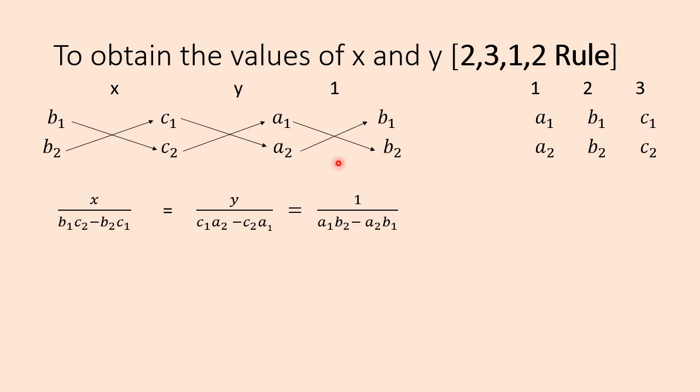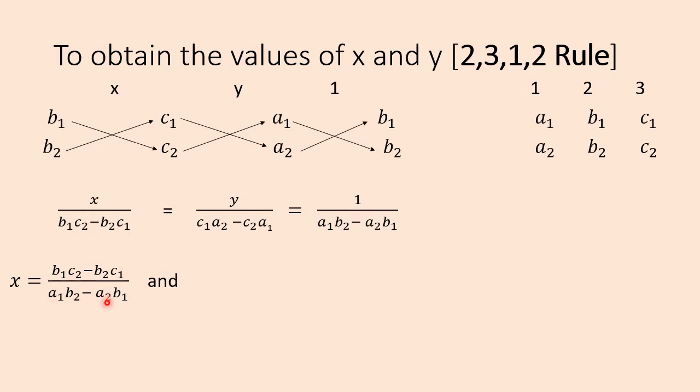Now, from the first and third members of this equation, on cross multiplication, you will get the value of x. That is, comparing x upon b1 c2 minus b2 c1 equal to 1 upon a1 b2 minus a2 b1, by doing the cross multiplication, you are getting x equal to b1 c2 minus b2 c1 upon a1 b2 minus a2 b1.